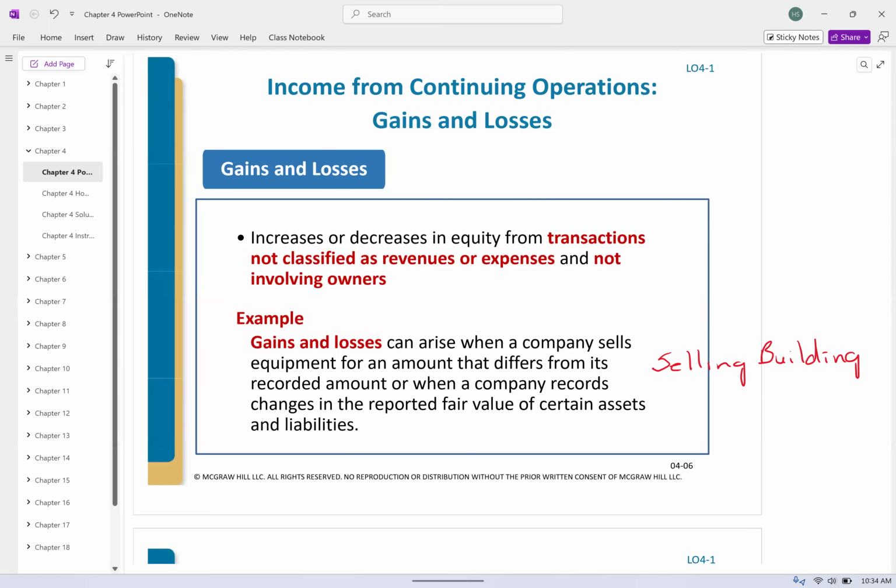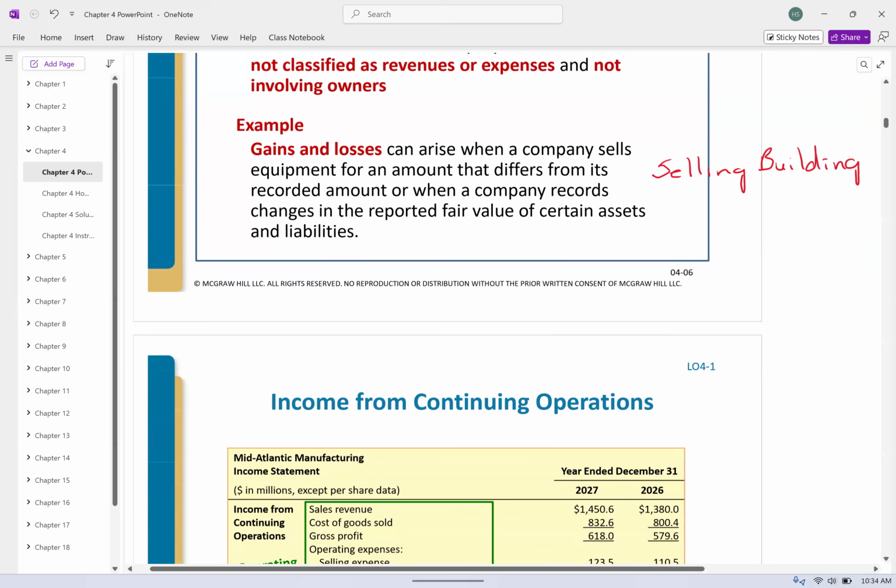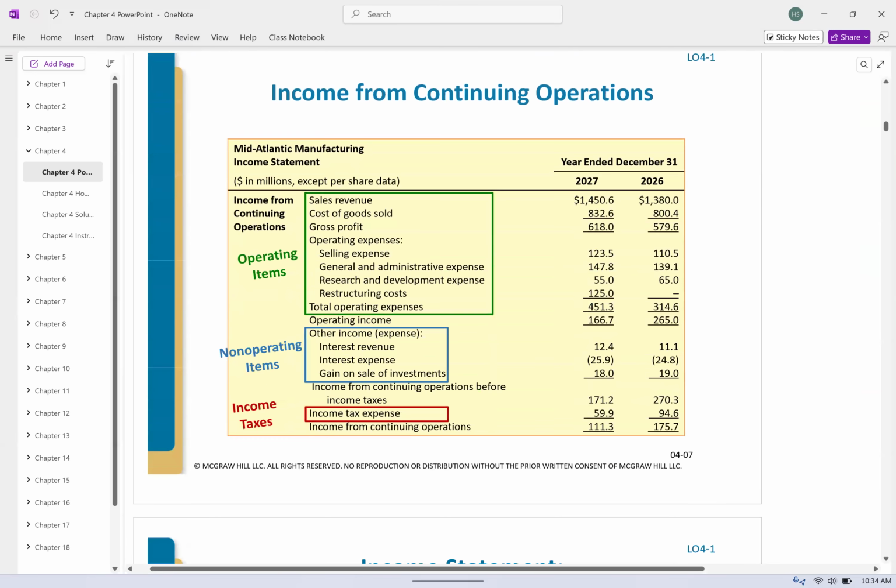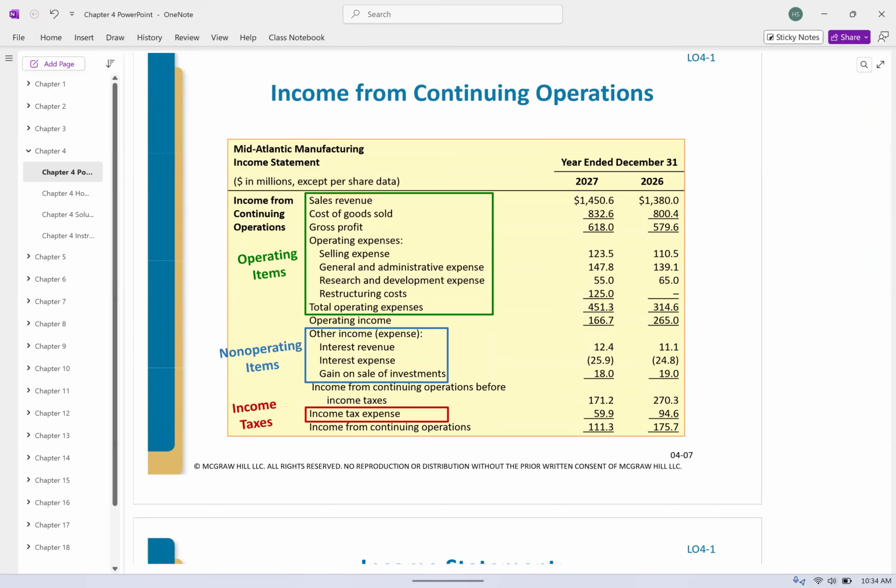We want that to be in a separate line, okay? Because that's probably not going to happen every single time, okay? Every single period. Okay, so you can kind of see we're just looking at continuing operations right here. So we have our operating items. We have non-operating items.